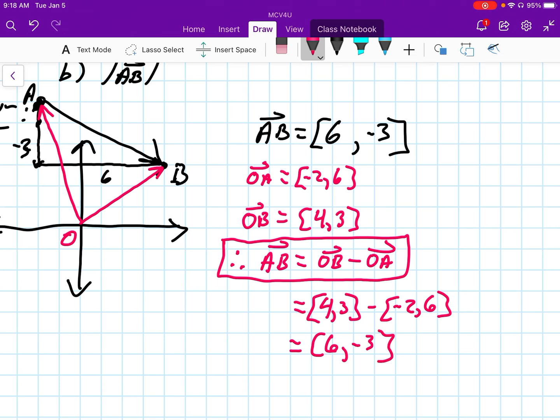So you can see how that works out. If you just have the endpoints, you can quickly go to what the position vector is.